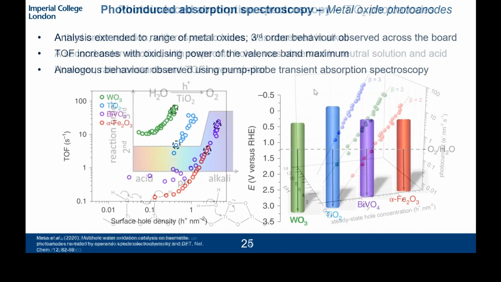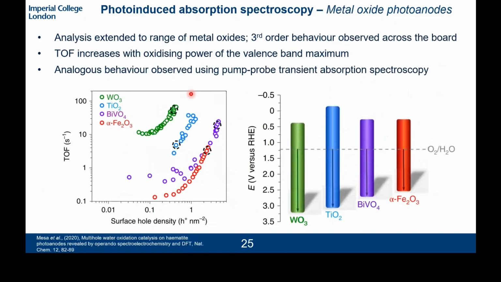Then we can use this to understand a wide range of different metal oxides. Okay, so these are the different metal oxides that we've studied. And we can see that they all have different valence band energies, and of course different conduction band energies too.